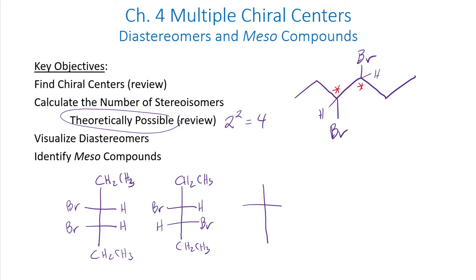We could have the other way around, top one on the right, bottom one on the left. And we could also conceivably have both bromines on the right.